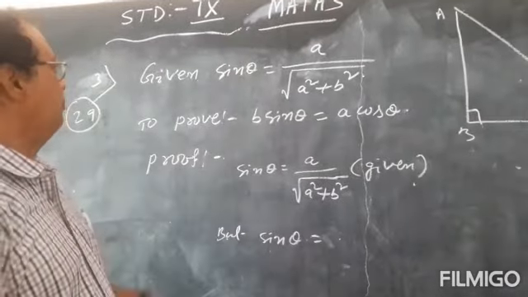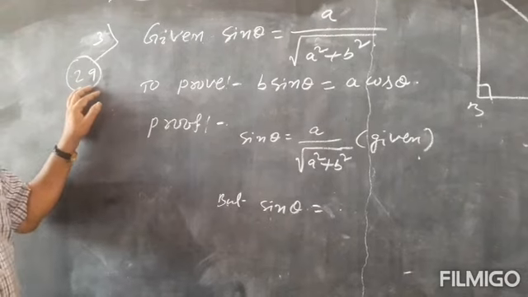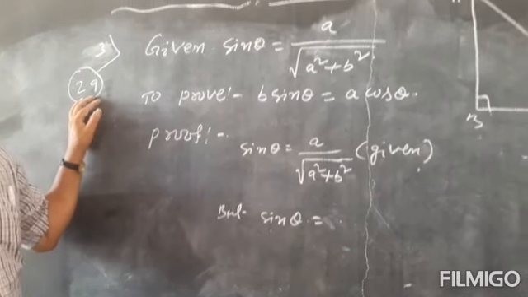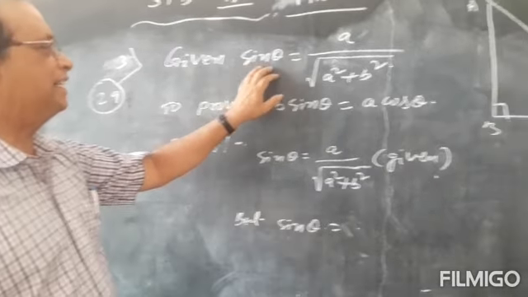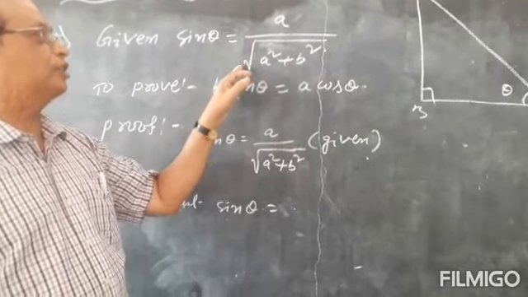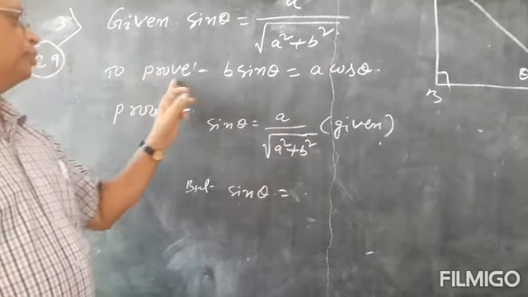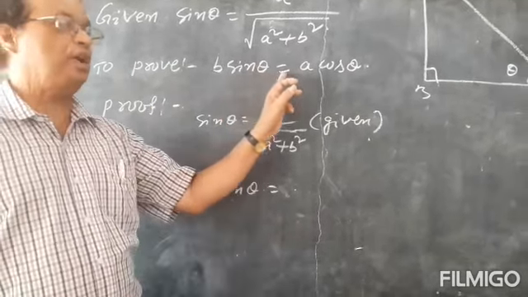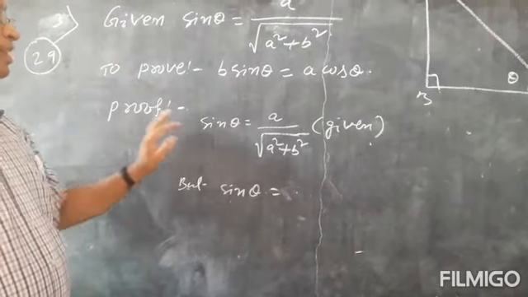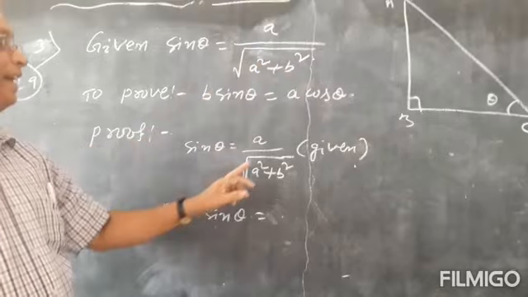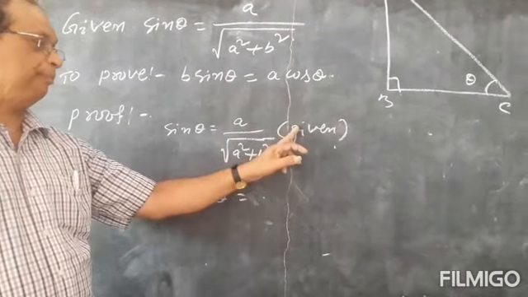Now the next one, third one, this is your question number 29. This also someone was asking the doubt. Here it is given sin theta is equal to a by square root a square plus b square. You are asked to prove b sin theta is equal to a cos theta. Now prove. This is given.